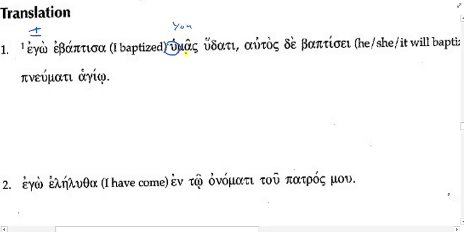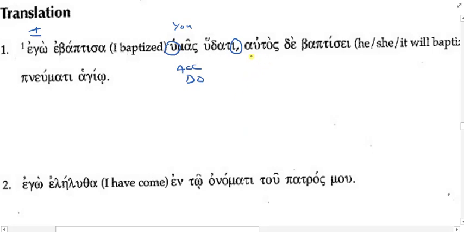So how's it functioning? It's the direct object. So I baptized you. Now, what is my keyword for the dative of hydati in this sentence? In or with. Yeah. In or with. Okay.